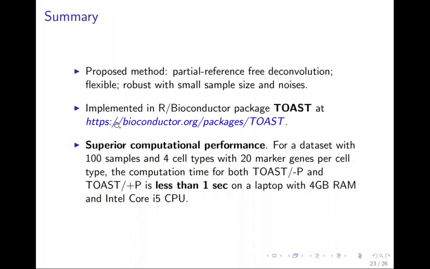We implemented our method in a Bioconductor package called TOAST, and our method has superior computational performance for moderate data that we usually have, like, say, 4 cell types, and each cell type has 20 markers. For both of our methods, it takes less than one second to complete the computation on a regular laptop.